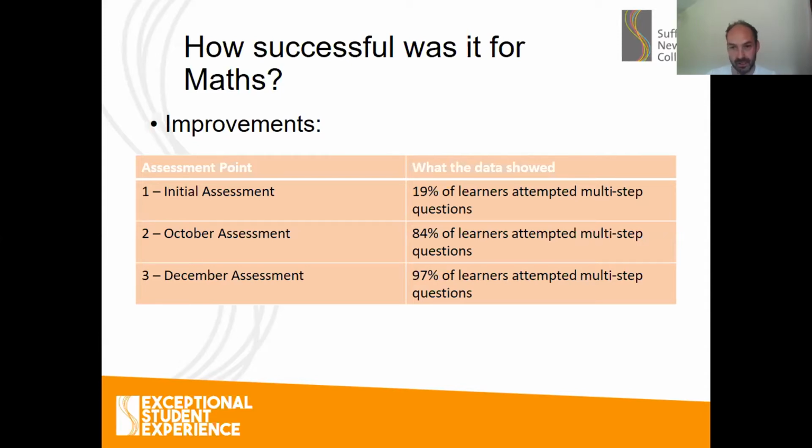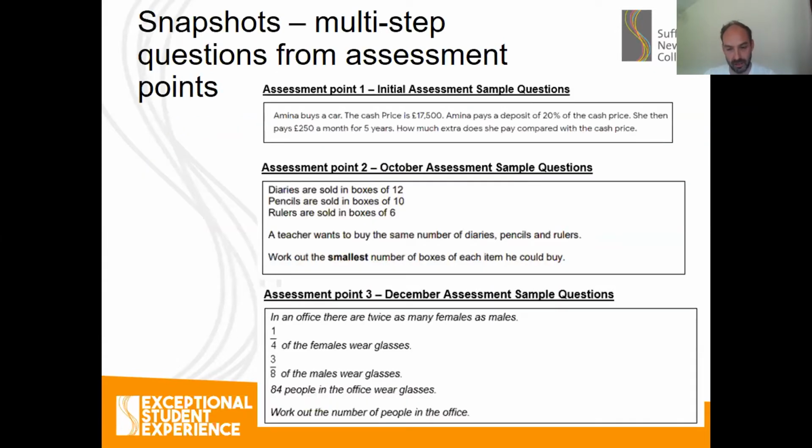So we see that as a significant improvement, and really due to the project that we ran using these visualizers. Within the initial assessment, the second assessment point and the third assessment point, what I'm showing is how those questions progressively get more challenging as well.